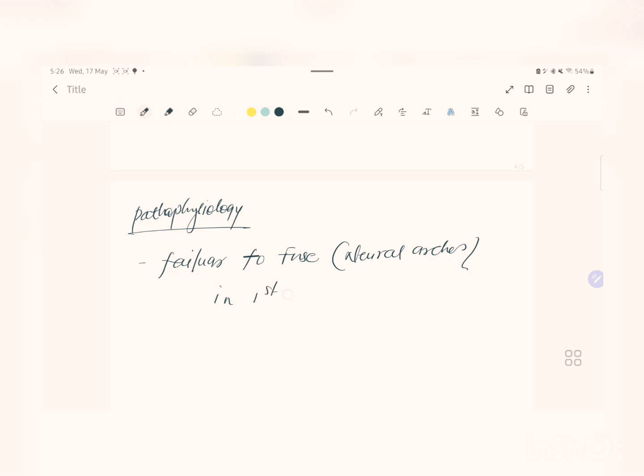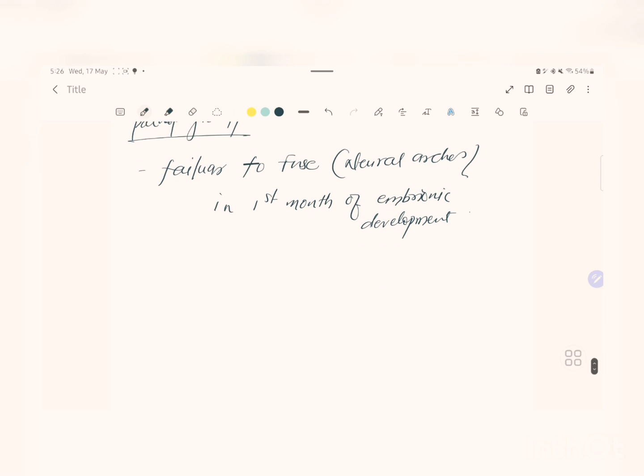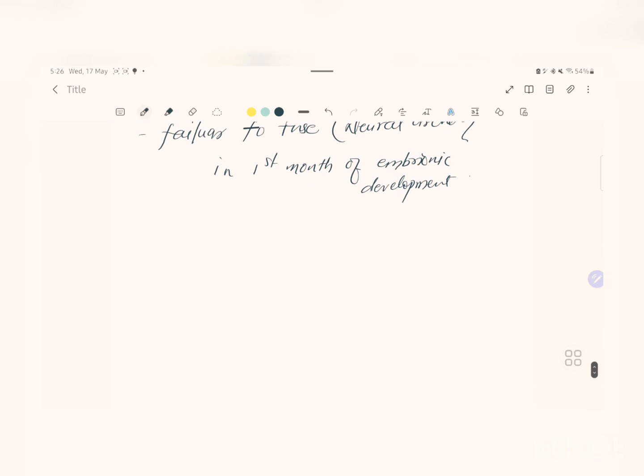Another cause is trisomy. A patient with trisomy 18 is likely to develop spina bifida in their child.